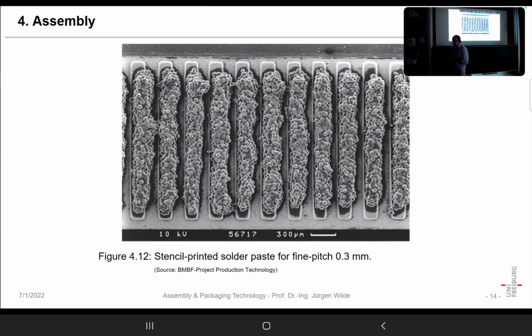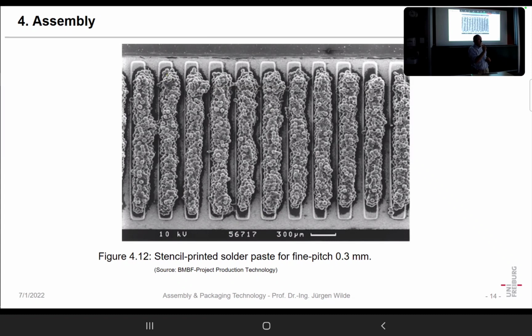And here the trend was, for instance, when you have the pins around the device, 0.3 millimeters pitch. That means you have 150 micrometers of width of that leg of that device and 150 micrometers of clearance.